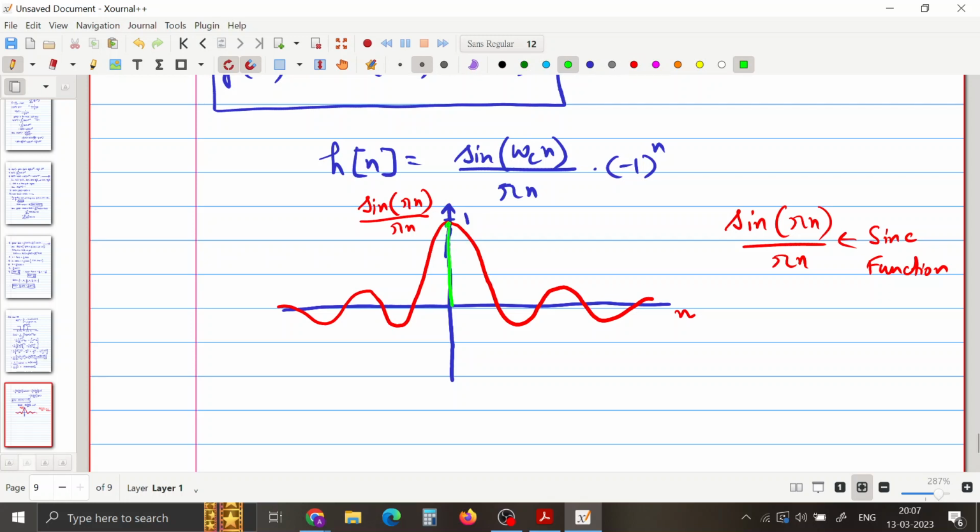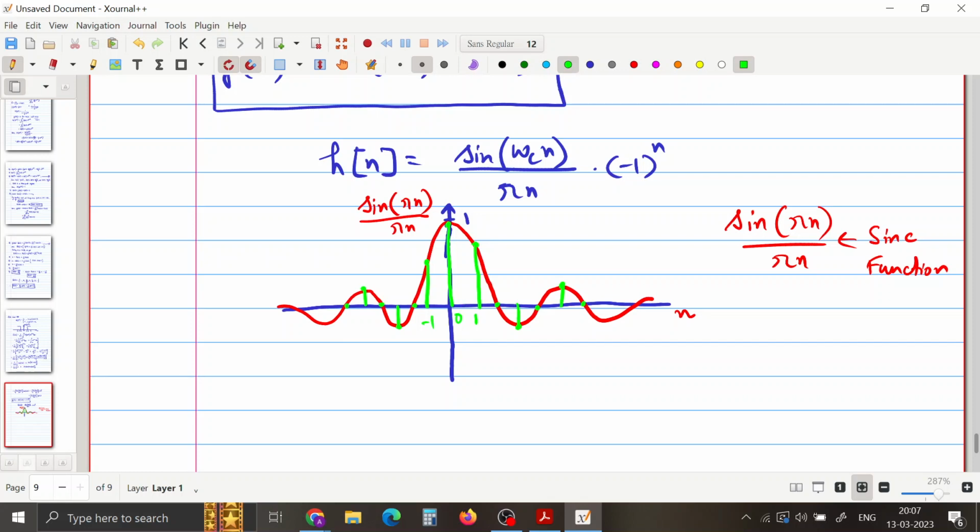This is one sample, this is one sample, this is one sample, this is one sample, this is one sample, like this. Because n takes only integral values.